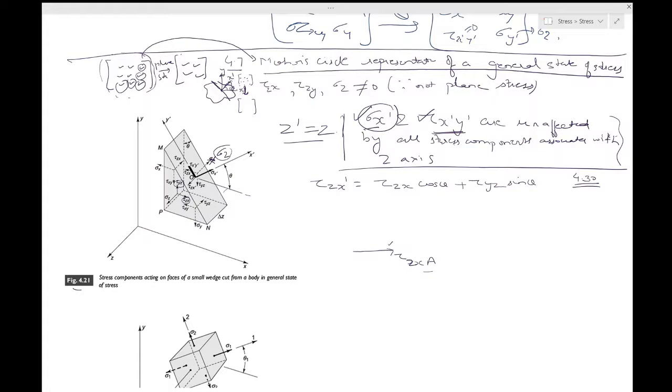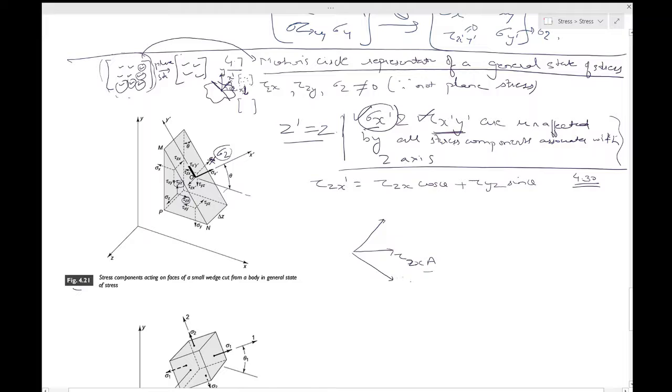That's why I am showing it by a force, tau zx into area, and you want to resolve this into directions perpendicular and parallel to MN. So MN is like this, this is perpendicular to MN, this is parallel to MN.